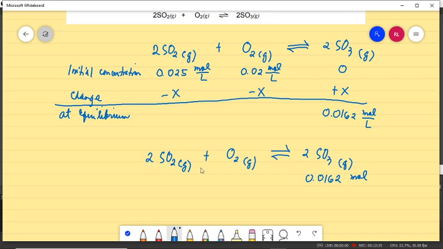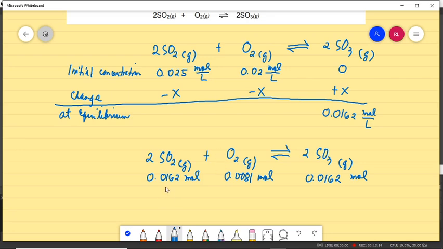So therefore, the amount of sulfur dioxide consumed is, and this one is half of 0.0162, because for every 2 moles of sulfur dioxide, you only need half of that, and that is 1.